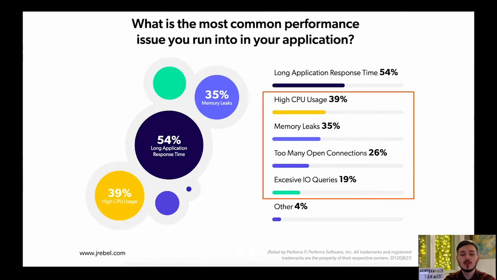According to JRebel's questionnaire and report, the most common performance issues that developers face are long application response time, high CPU usage, memory leaks, too many open connections, and other I/O related problems. So using a profiler can help you with almost everything included in this list.